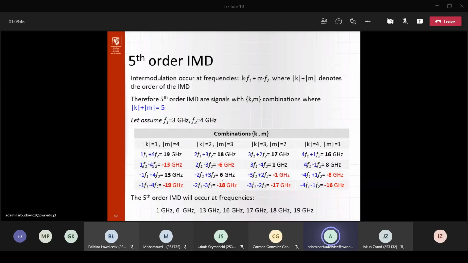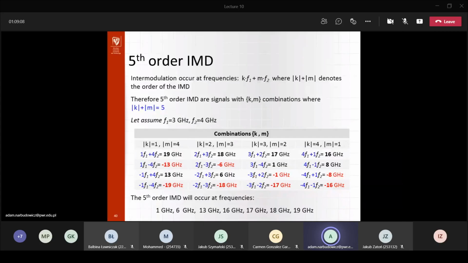Because it's a fifth order product, it's double the difference between the 2 signals, so 6 gigahertz away from what we have here. And then similarly on the other side, we get about 1 gigahertz over here. So those closest will probably be the most problematic.